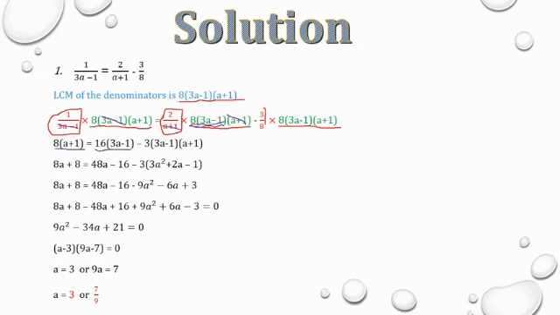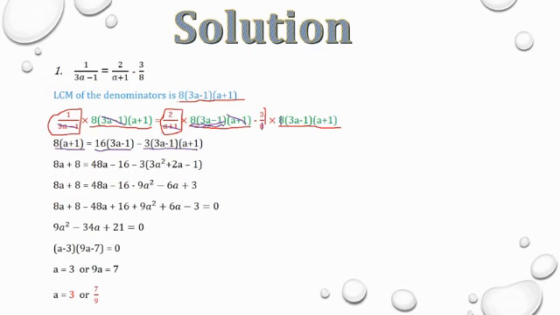Okay, moving on to 3 over 8, the 8 will cancel out with the 8 in the LCM of the denominators, and then we will be left with 3 multiplied with (3a minus 1)(a plus 1). Okay, so now simplifying what's on the left hand side and on the right hand side when you open up the brackets.